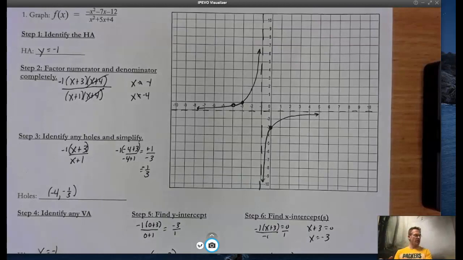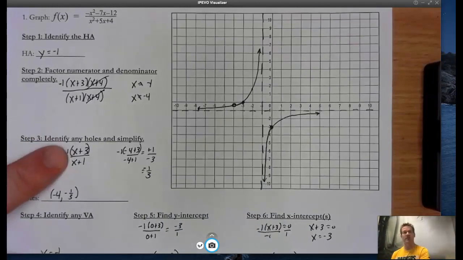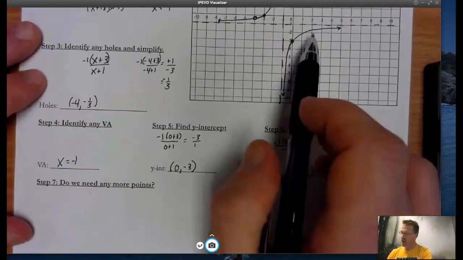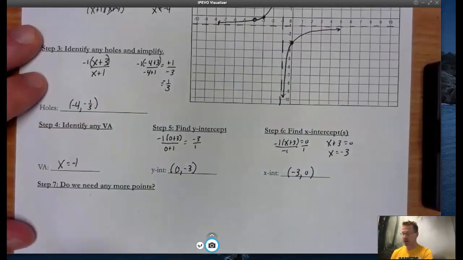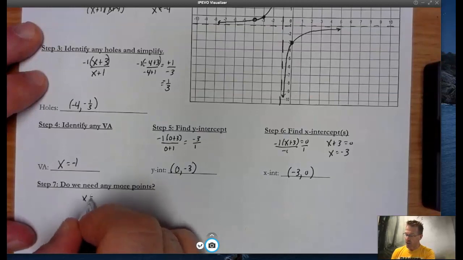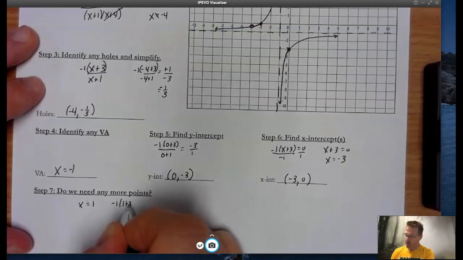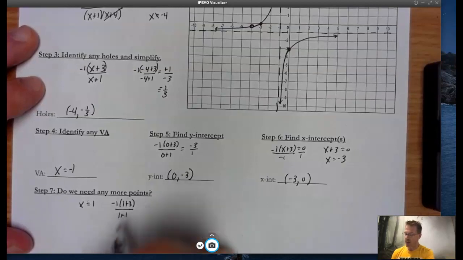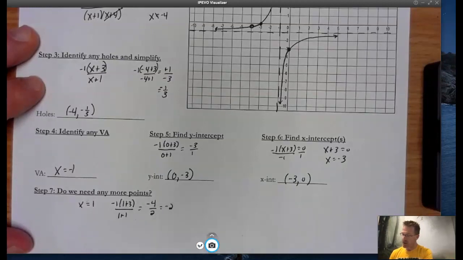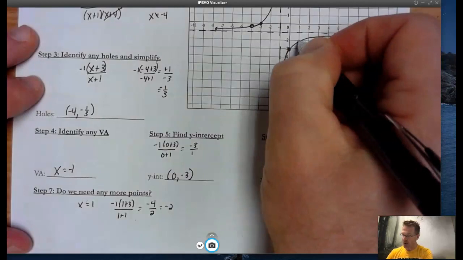Now, if you were unsure about that, you could just take x values and plug them into your simplified version here. So for example, I could take 1 and plug it in. I'm going to plug in 1 and see what happens. So I'd have -1 times 1 plus 3 over 1 plus 1. That'd be -4 in the numerator divided by 2, which is -2. And you can see I almost hit that point right there.